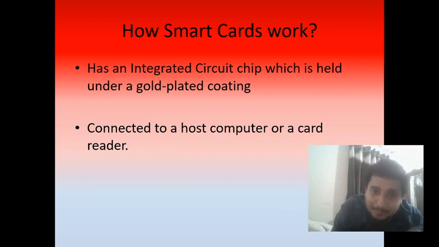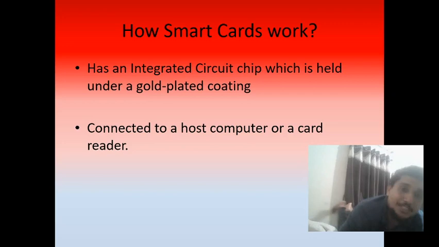It has a pretty big 16-digit number, then the security code, expiry date, and hologram, etc. With all that, the card also has what is called a gold plated coating. Inside that gold plated coating, there is the chip. That chip is called an integrated circuit chip. So that IC chip is inside the gold plated coating.